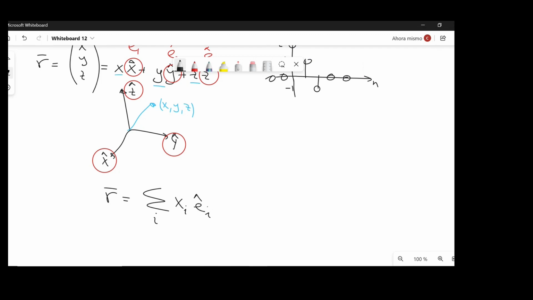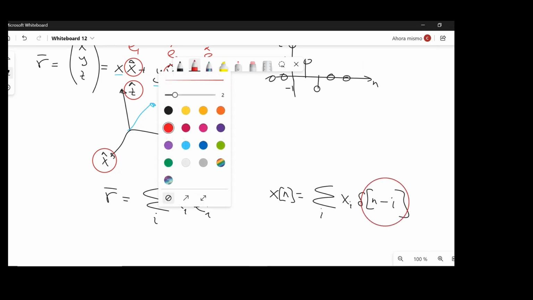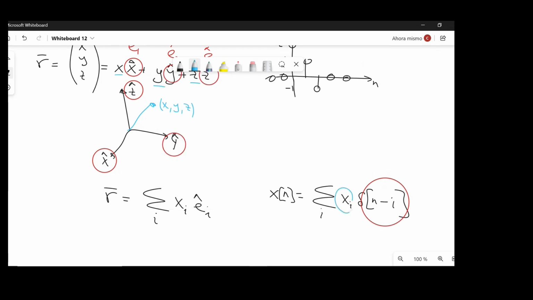How can we write signals in the same way? x of n is a sum over all my bases i of a coefficient in front of my basis times my basis. So these two things have the same structure. These are my bases, these are my coefficients.